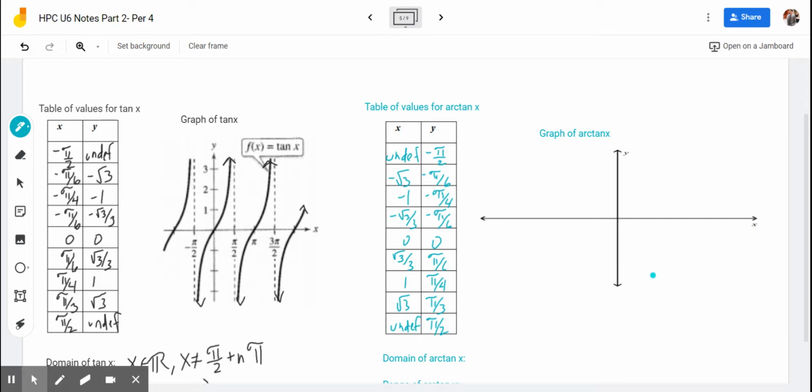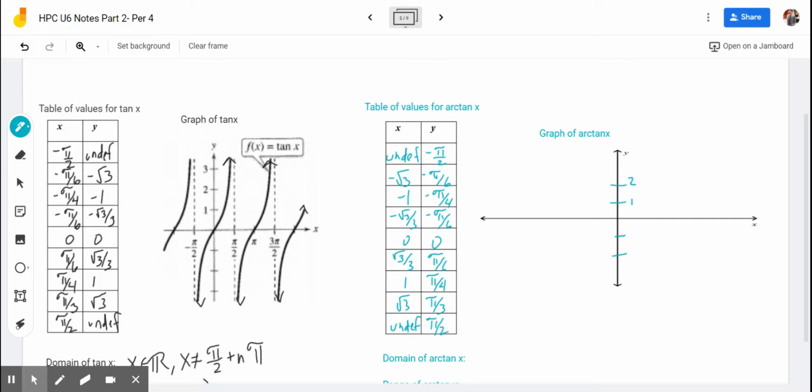So what does that mean in terms of the graph of arctan? Instead of vertical asymptotes at negative pi over 2 and pi over 2, we're going to have horizontal asymptotes at pi over 2 and negative pi over 2.